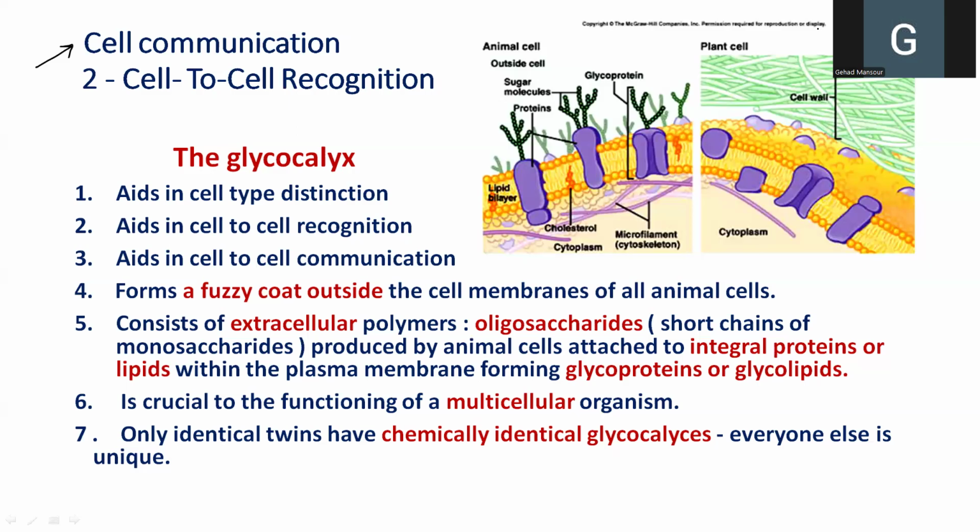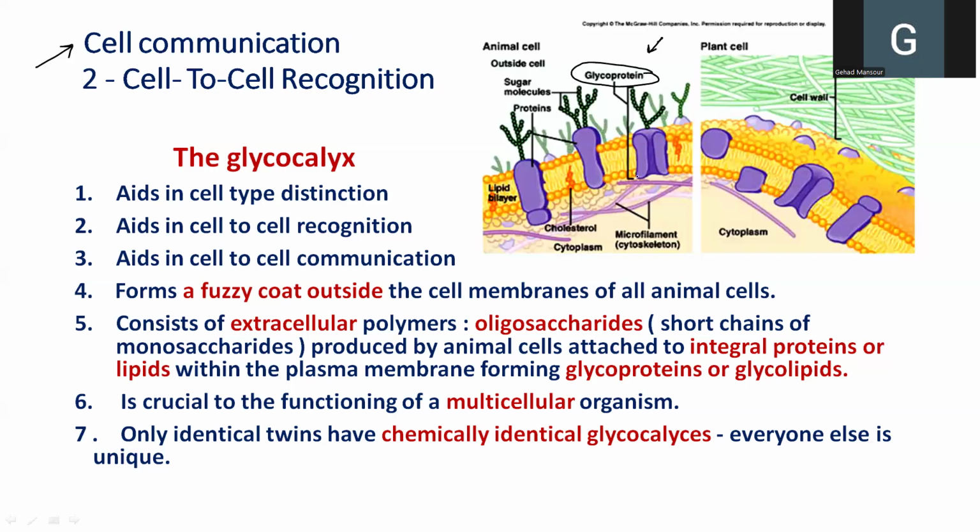One of the most important structures that helps cell-to-cell recognition is the glycocalyx. And as we said before, the glycocalyx consists of either glycoproteins or glycolipids. Here, for example, in this part of the diagram to the left, you can see glycoproteins.